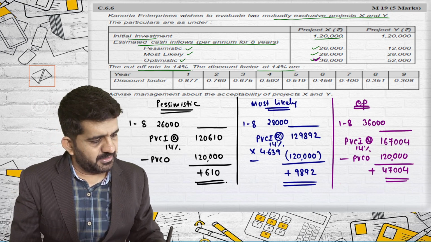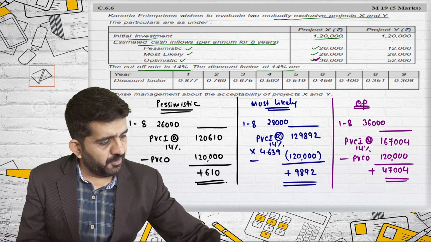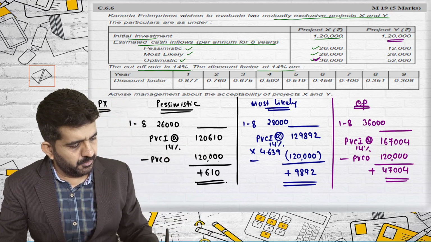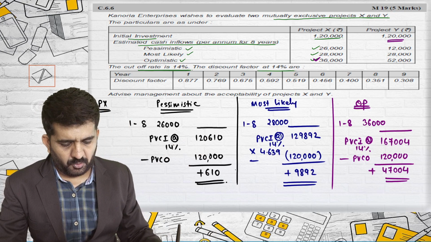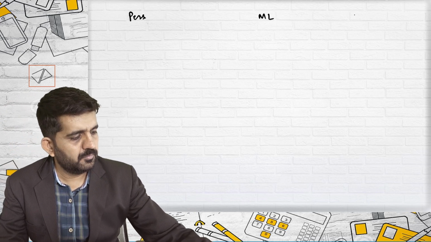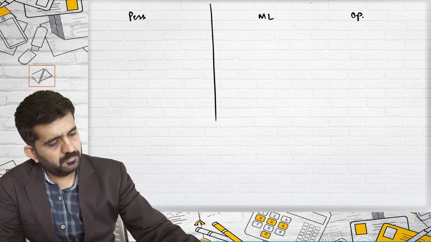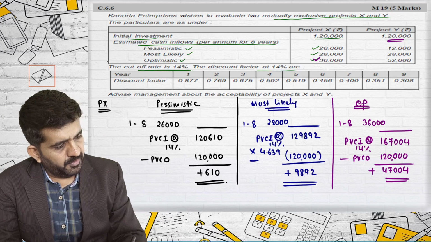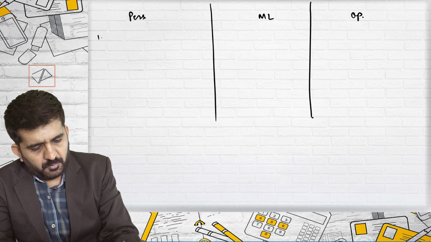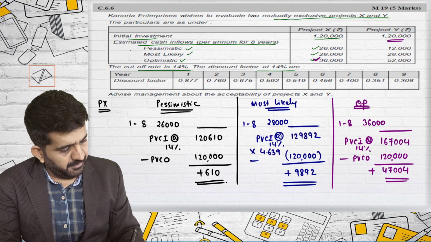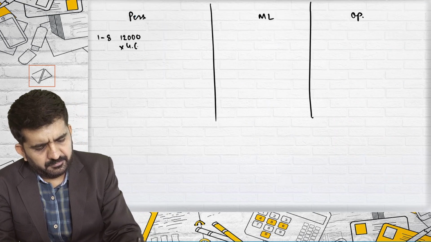This is for X. I need to also do it for Y, which has the same project cost but a different scenario. So pessimistic, most likely, and optimistic for project Y. Here the cash flow for 1 to 8 years will be 12,000 multiplied by 4.639.